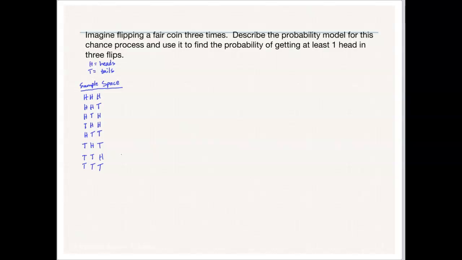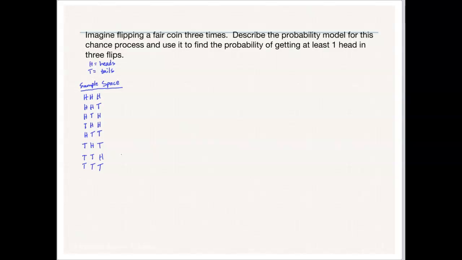So there are 8 possible outcomes here, right? We can verify that with our multiplication principle. You can think of this as a sequence of 3 chance processes, right? How many outcomes for each one of these chance processes? Each one is just a coin flip, right?